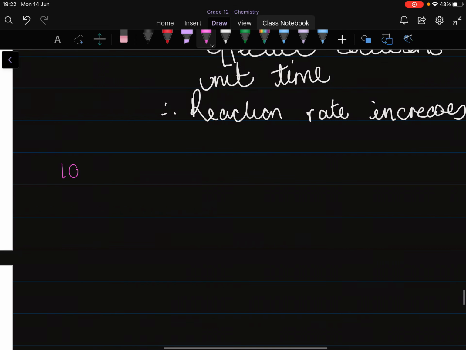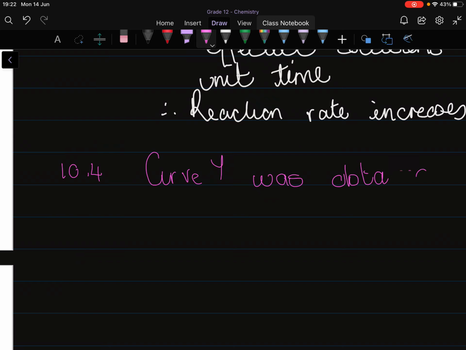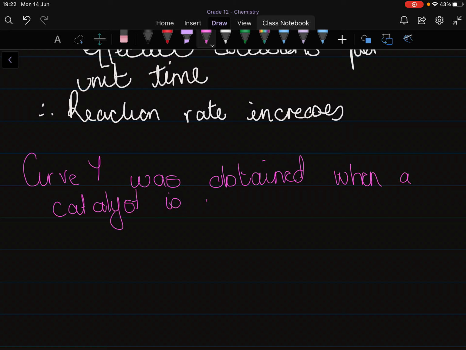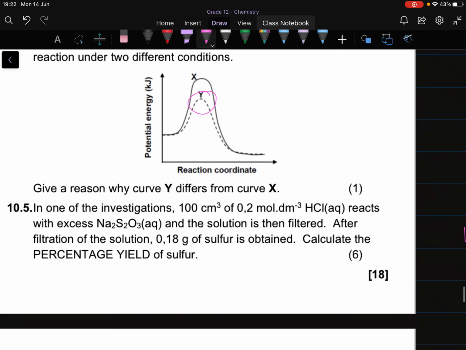Okay, so for 10.4, curve Y was obtained when a catalyst is used. Okay? Was obtained when a catalyst is used.